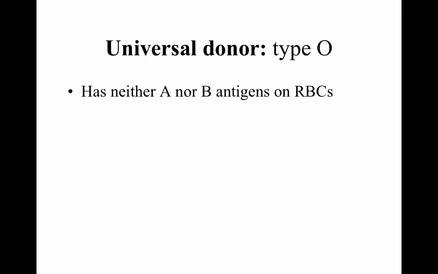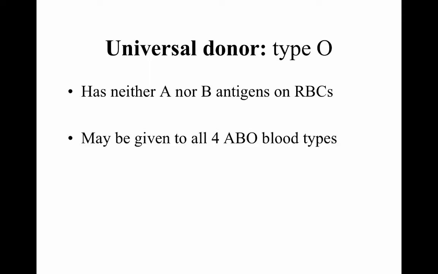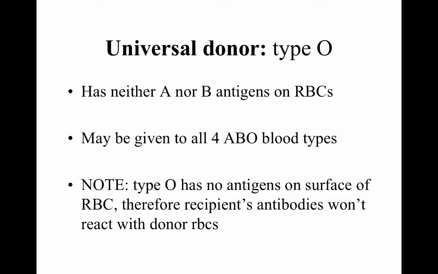A universal donor type is type O, which has neither A nor B antigens on the red blood cells, and may be given to all 4 ABO blood types. Type O has no antigens on the surface of the red blood cell, therefore recipients' antibodies won't react with donor red blood cells. The type O blood type can only receive blood from type O donation.